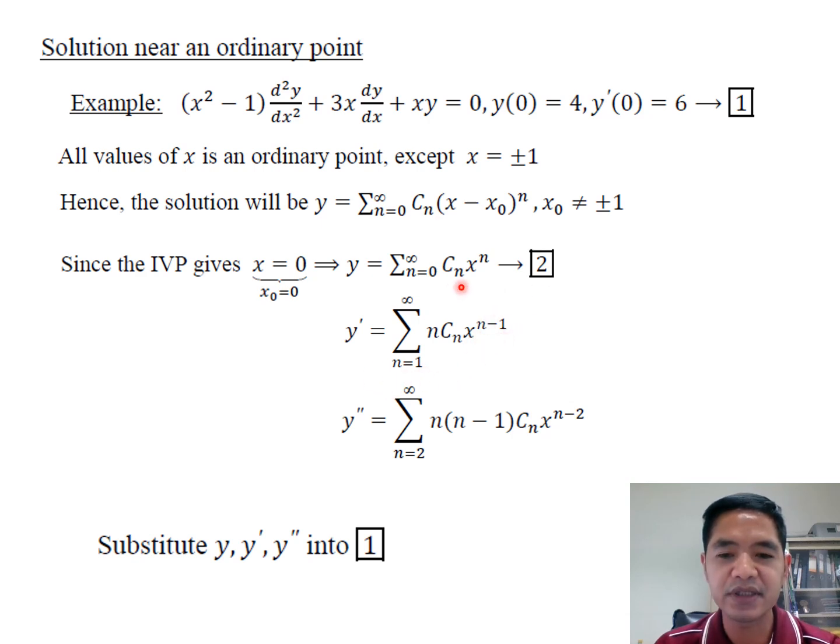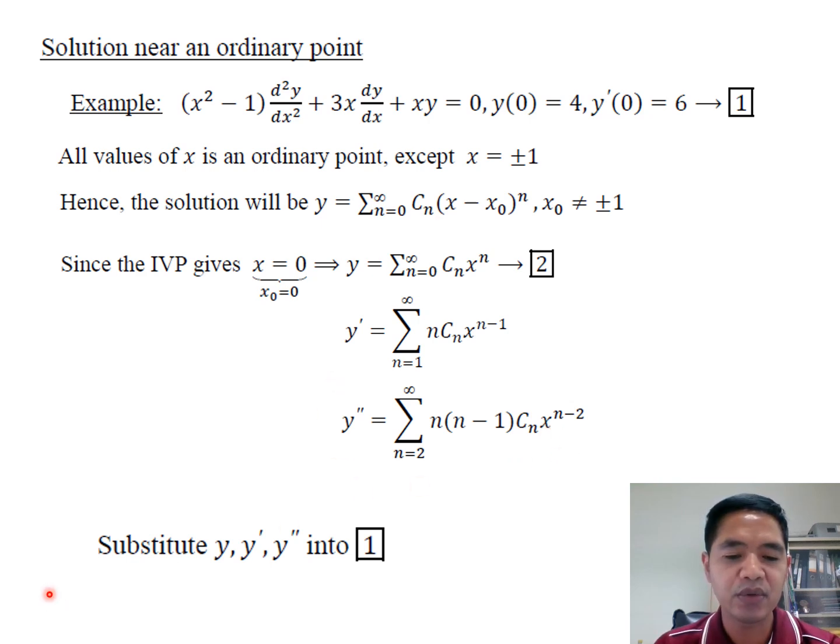When you take another derivative, you get y double prime equal to the summation of n times (n minus 1) times cn x to the power n minus 2.